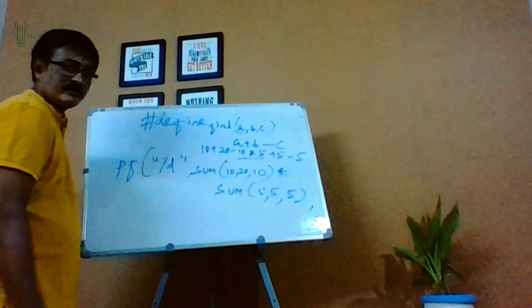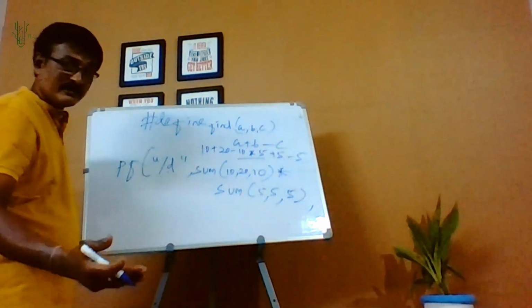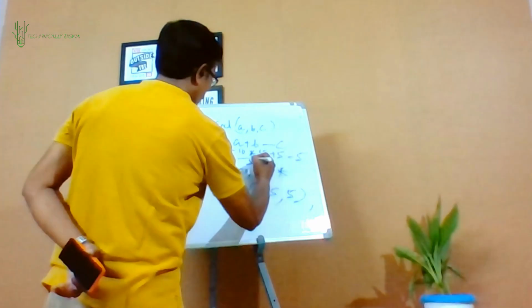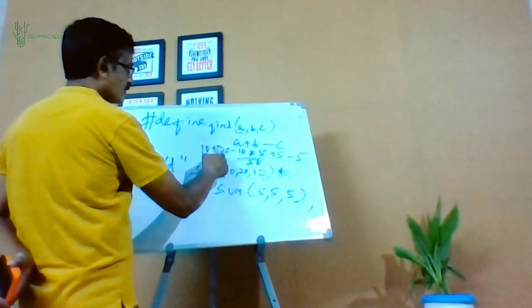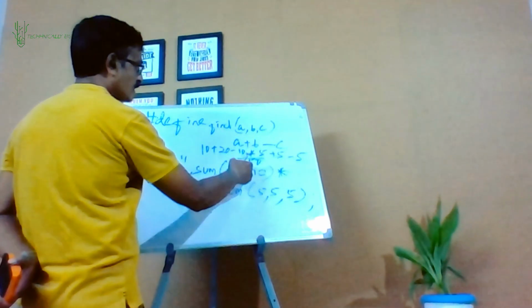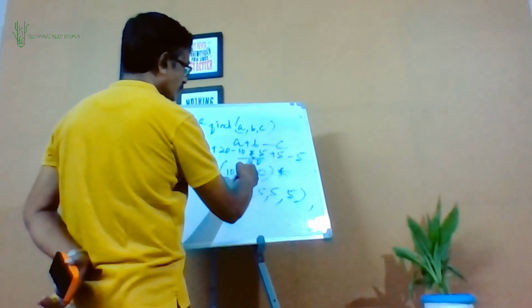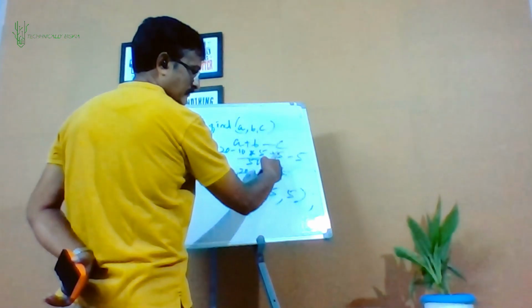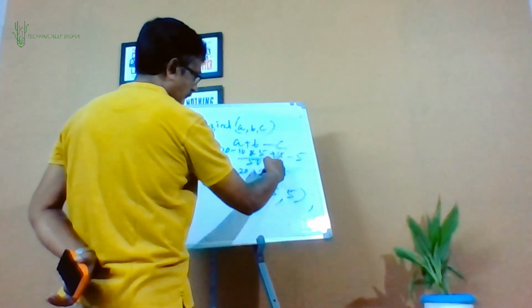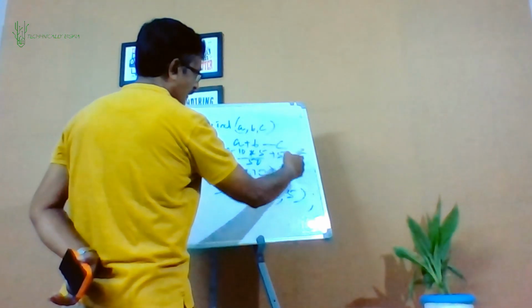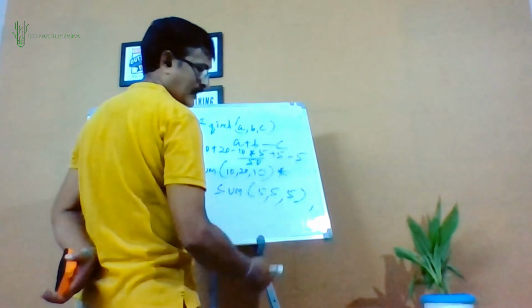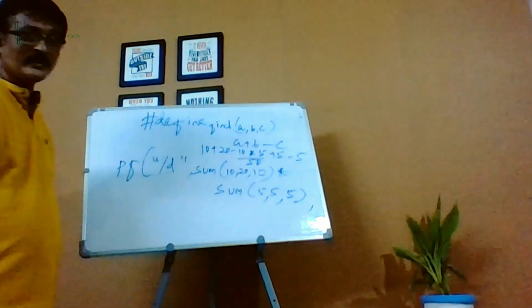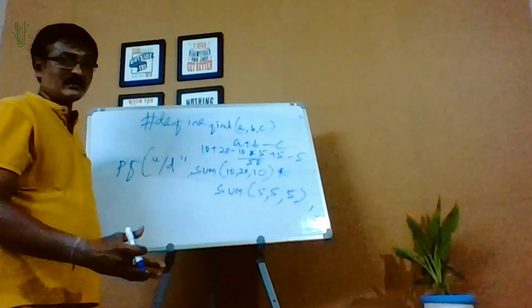What do you get? 50. So now here you get 50. 10 plus 20, 30 minus 50 minus 20. Got it? Plus 5. How much? 15 minus 50, then minus 5. You get what is the final result? Minus 20. So this is how macros are.